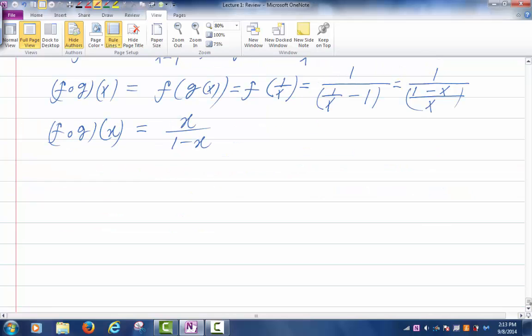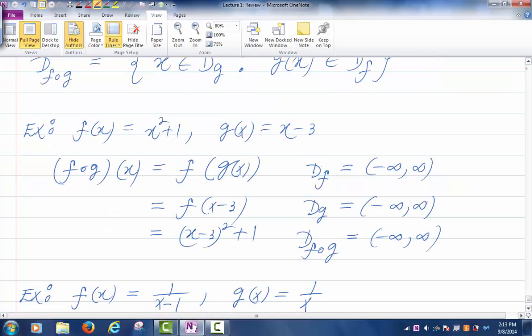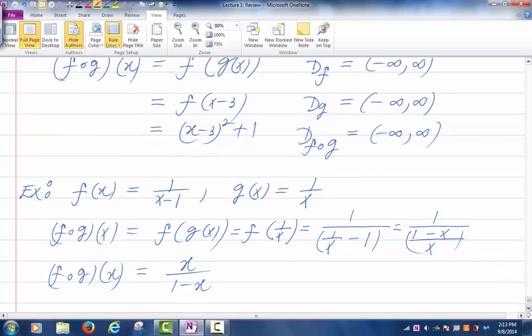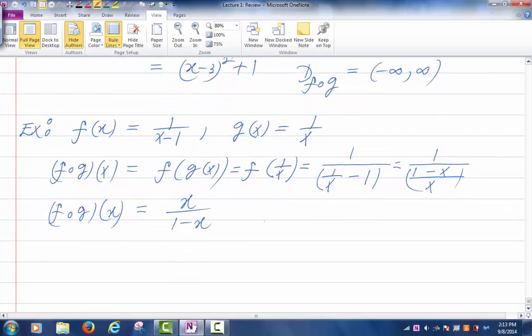Now let's look at the domains. What's the domain of f? Domain of f is everything except what? Everything except 1, right? Because you have x minus 1 in the denominator. What's the domain of g?